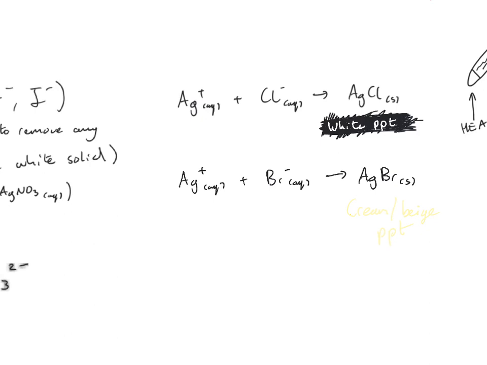Then finally, it's the iodide. That forms silver iodide, and that one is a yellow precipitate. If you want to do additional research, you can further distinguish these by using dilute and concentrated ammonia. So if you want to have a look online, you can use dilute and concentrated ammonia to further distinguish these.